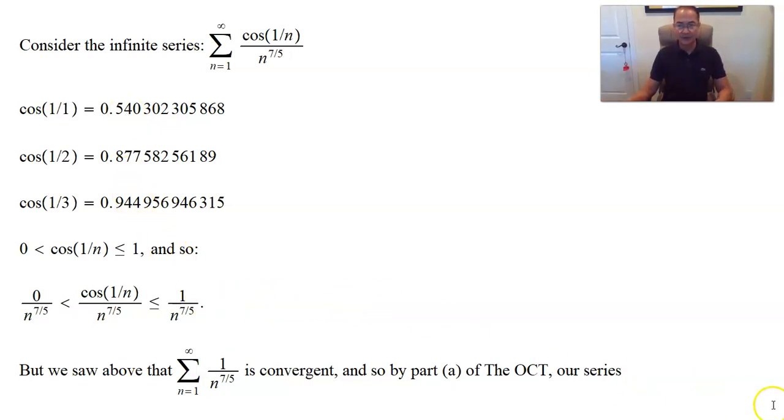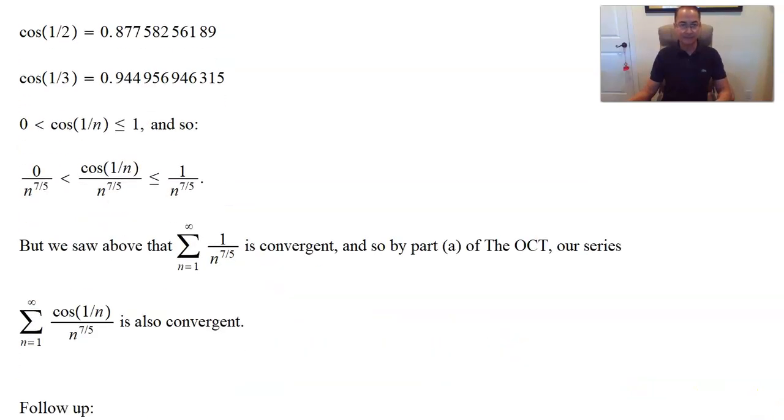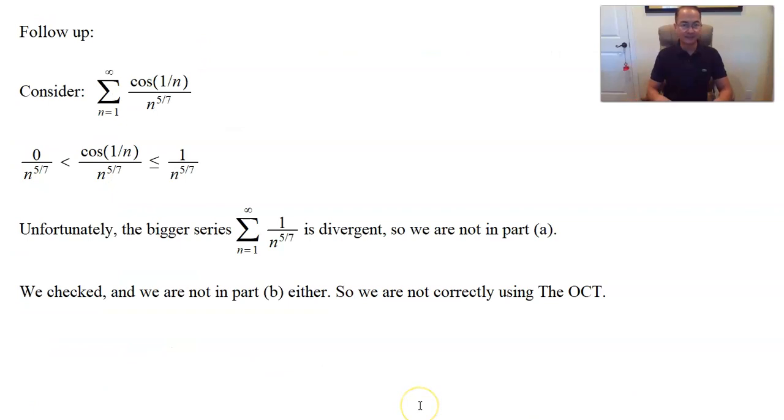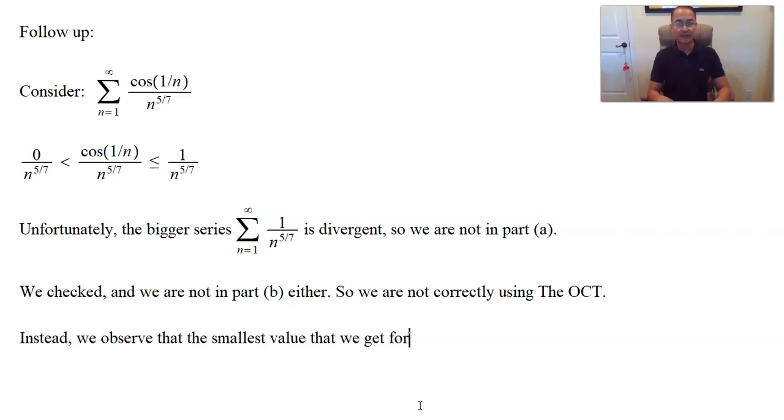So instead, we observe that the smallest value that we get for cosine 1 over n is 1/2.